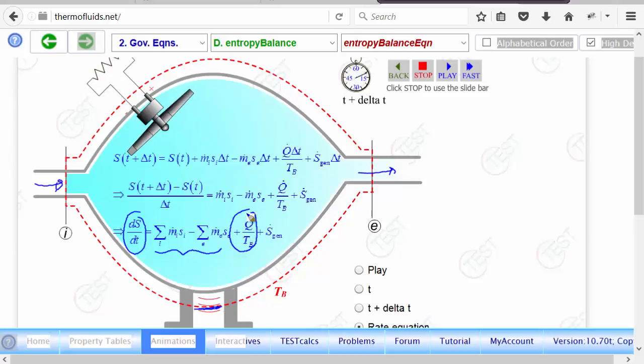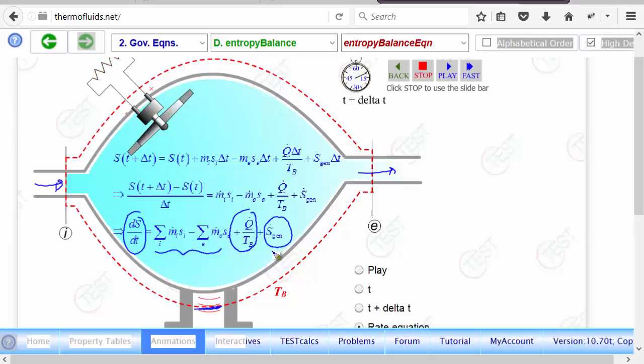Obviously, even though we show just one term, if there are different heat transfers, different reservoirs of heat, then we have to split that up into different terms: Q dot 1 by T1 plus Q dot 2 by T2 plus Q dot K by TK, like that. Instead of complicating it with the summation sign, we are just showing it by a single term. And finally, the entropy generation term.